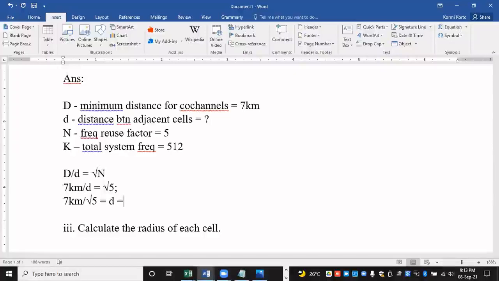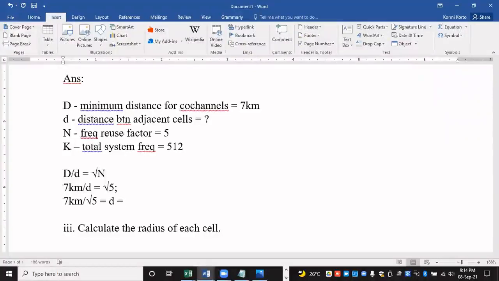I don't have a fancy calculator. Anybody got a fancy calculator to do the calculation for us? Let me go to my calculator over here and see if I can find the square root function. Okay, so the square root of 5 is 2.2.